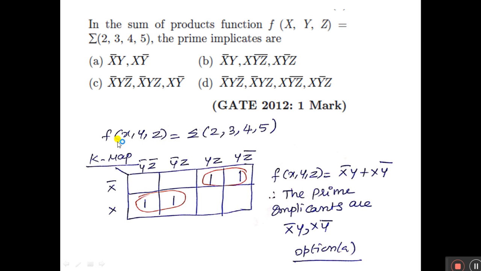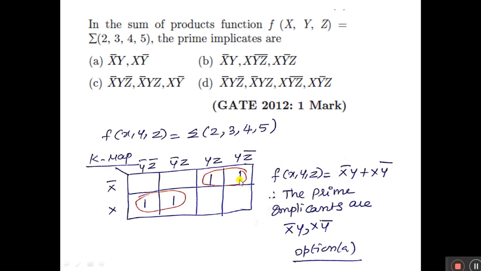So the expression f of x, y, z equal to summation of 2, 3, 4, 5. I am implementing this in a K map, with cells 0, 1, 2, 3, 4, 5, 6, 7. I fill all these numbers in these locations. If I minimize 2, 3 and 4, 5, corresponding to this is x bar, and here the variable is z bar.